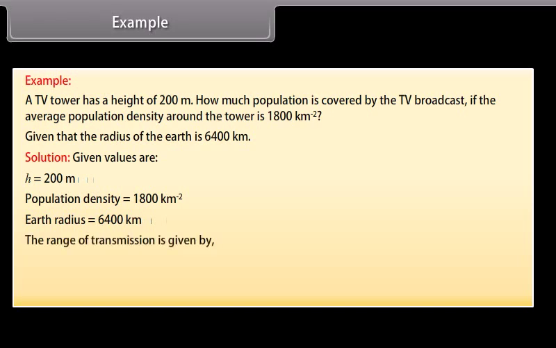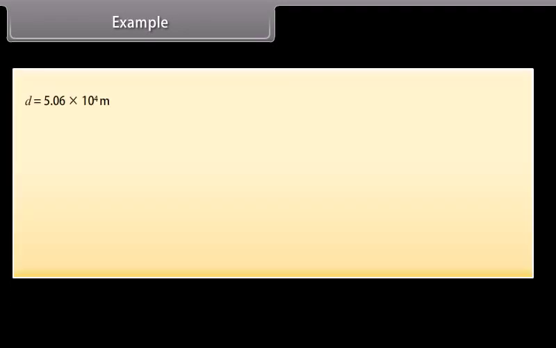The range of transmission is given by D is equal to square root of 2HR. Now, put the values and calculate. We get the value of D is equal to 5.06 into 10 raised to the power 4 meter. Area covered by transmission is equal to pi D square.